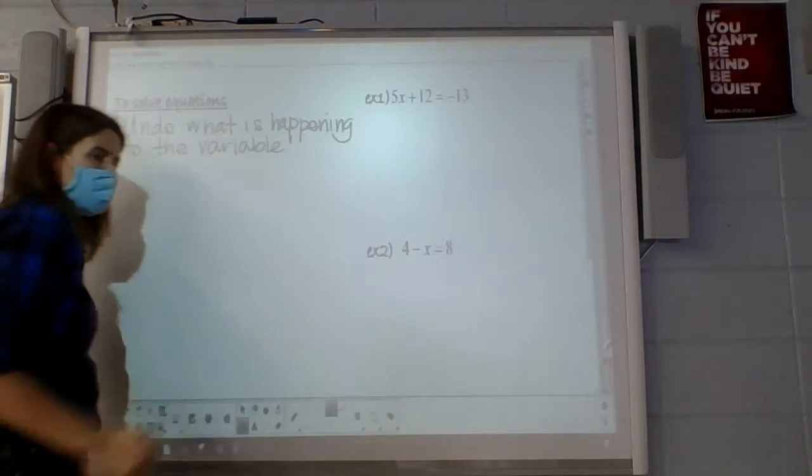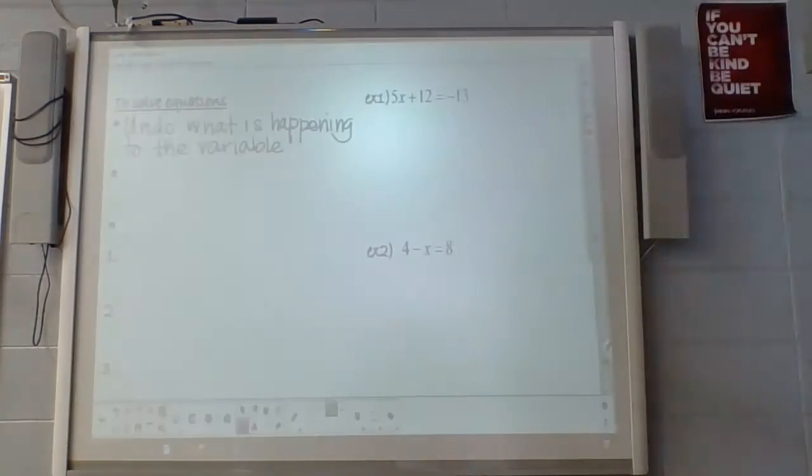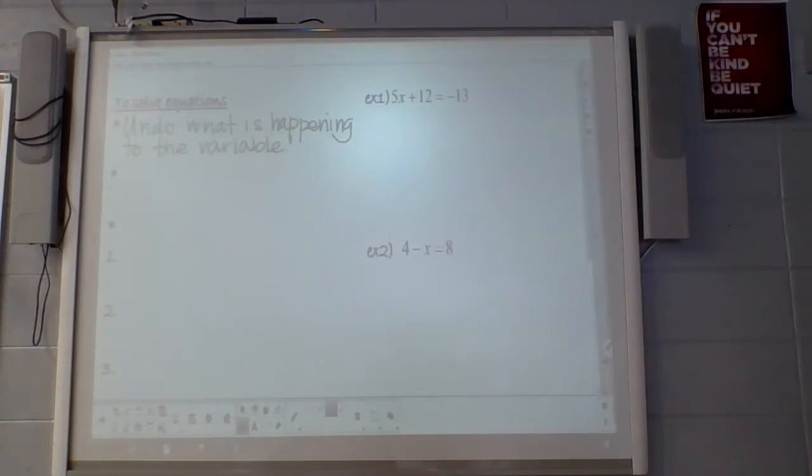You'll hear me ask this a lot, like what's happening to the variable? So again, guys, making sure you're taking good notes, because if I asked you, what's your first step in solving equations, you might not remember, but if you look in your notes, it should be pretty obvious. So you want to undo what's happening to the variable.